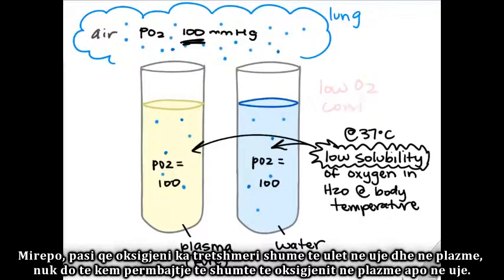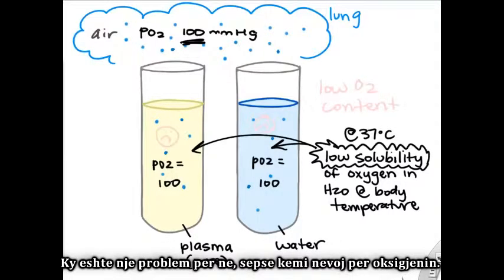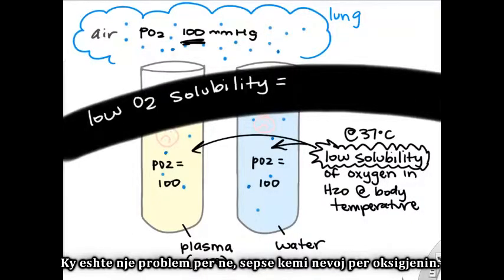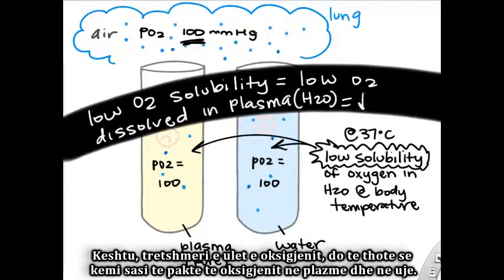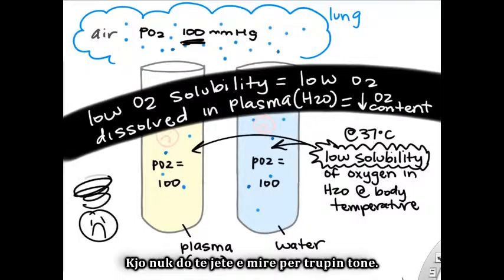That's a problem because we need oxygen for our cells. The low oxygen solubility means low amounts of oxygen in plasma and water, which wouldn't be good for our cells or our body.